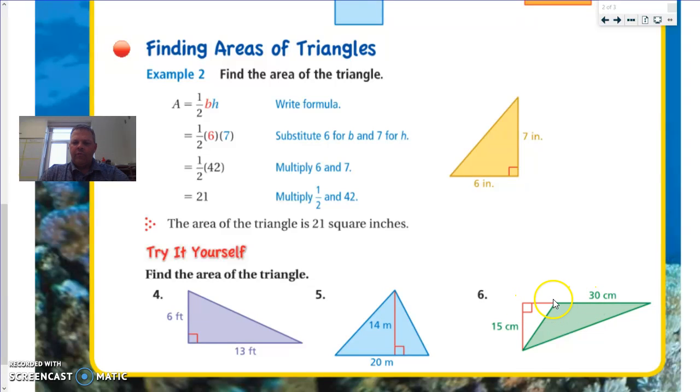We still don't count this because the base is 30, but the height is 15. So we're going to take 1/2, 30 times 15. 30 times 15 gives us 450. And when we divide that by 2, we get our answer of 225 square centimeters.